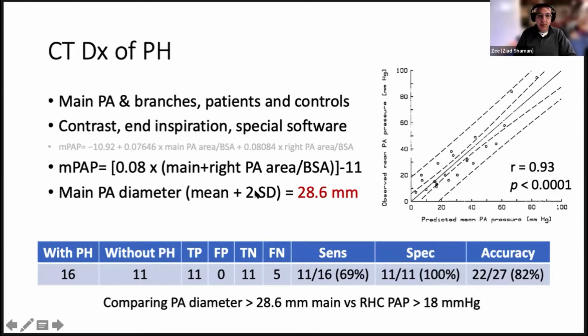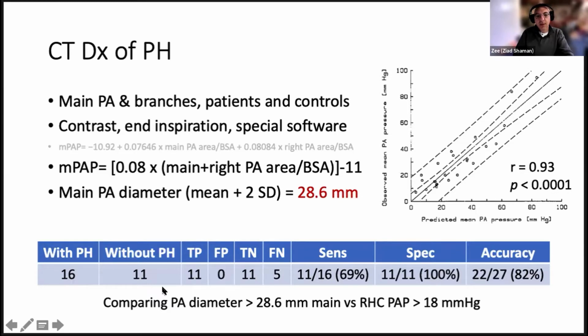In this group, using a cutoff of pulmonary artery diameter of 28.6 millimeters, so 2.86 or 2.9 centimeters, was actually predictive of pulmonary hypertension, with good sensitivity and good specificity. They did have some false negatives. These are 16 patients who were eventually diagnosed with pulmonary hypertension on the right heart cath, and 11 who didn't get a diagnosis of pulmonary hypertension.